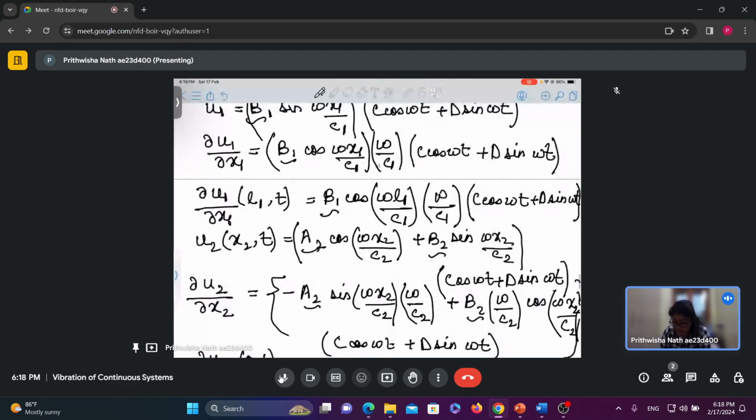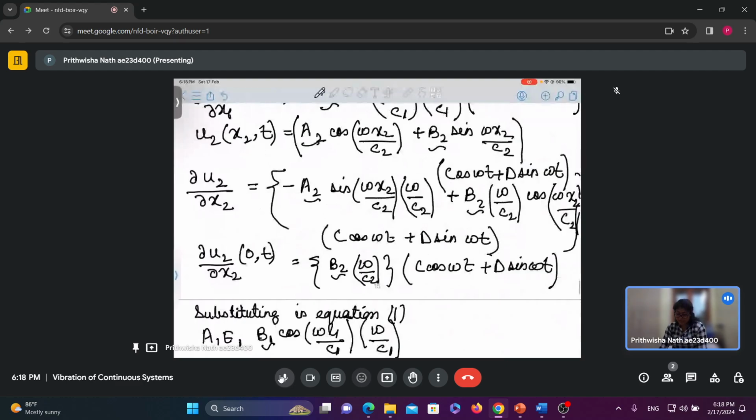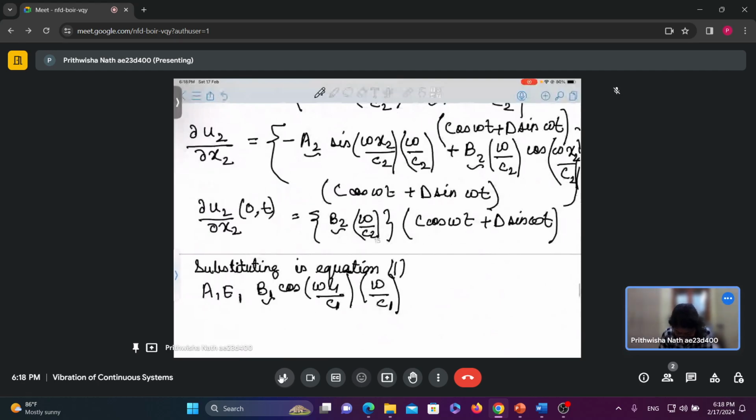This term, c cos omega t plus d sin omega t, is there in both the equations, so it gets cancelled. Equals A2 E2 b2 omega / c2. So this is the equation which I get.